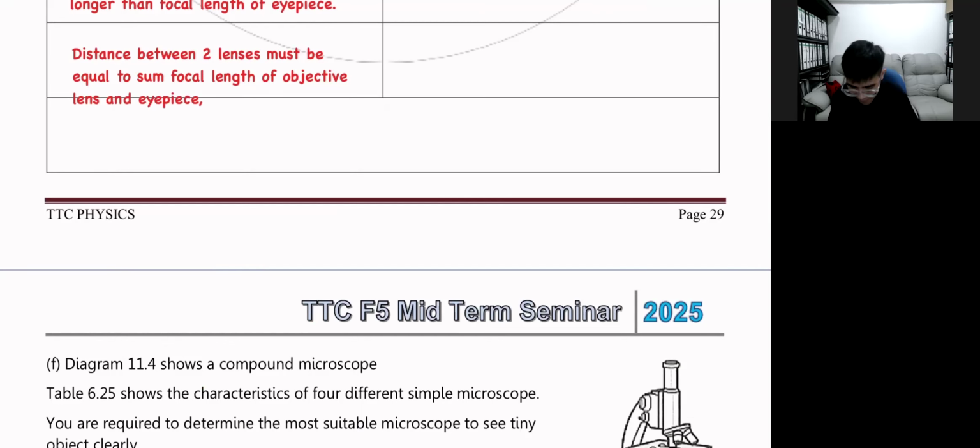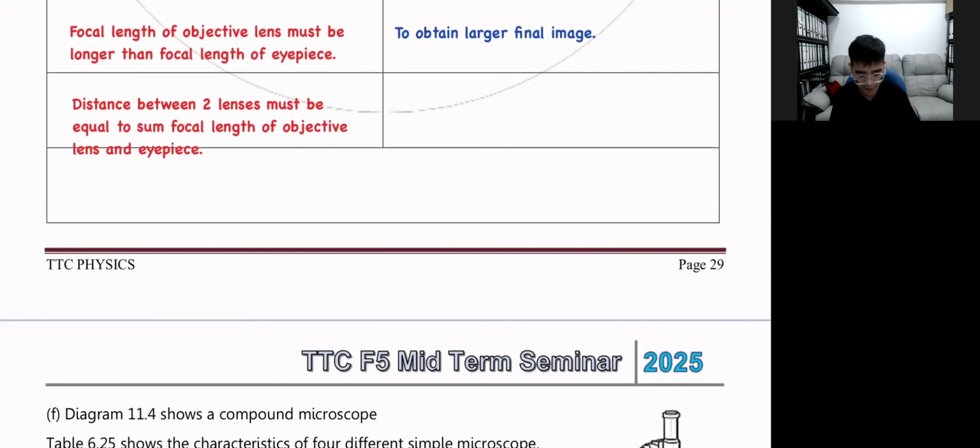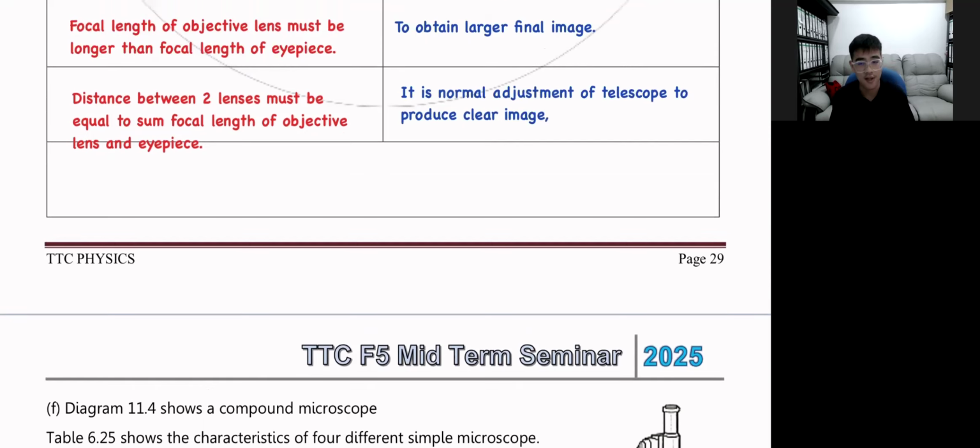And why? Just now I said, the word you write is normal adjustment. It is the normal adjustment of the telescope to produce a clear image. Because if you don't do this, the telescope won't be producing a clear image. So just remember the word normal adjustment.